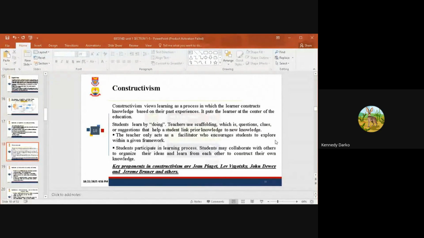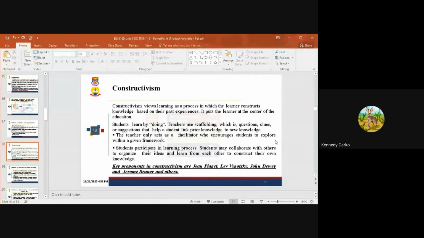So because of what you taught the learner, he gets out there and sees a different thing, he's able to make meaning out of what he learned and then try to deduce something from the new task that has been given. So the learner constructs his own knowledge for himself or herself.